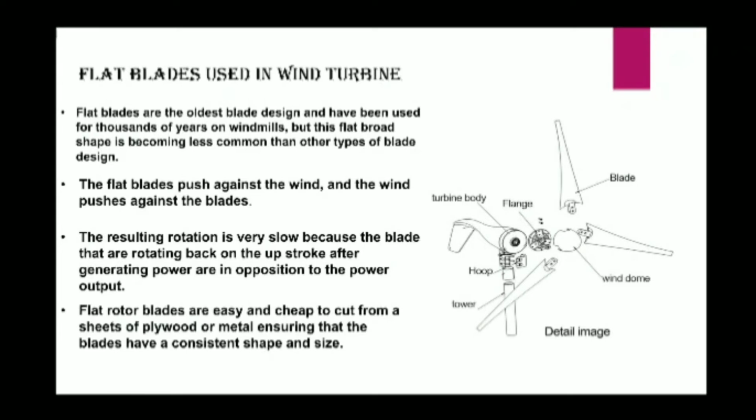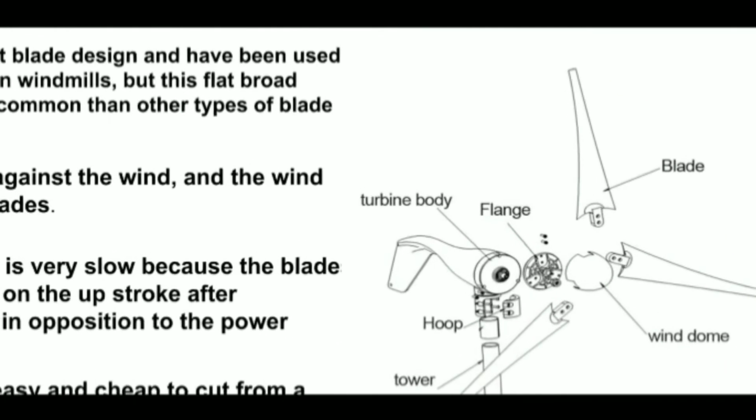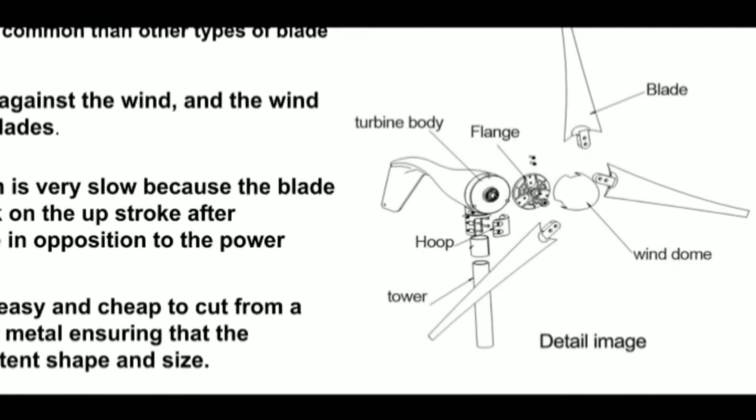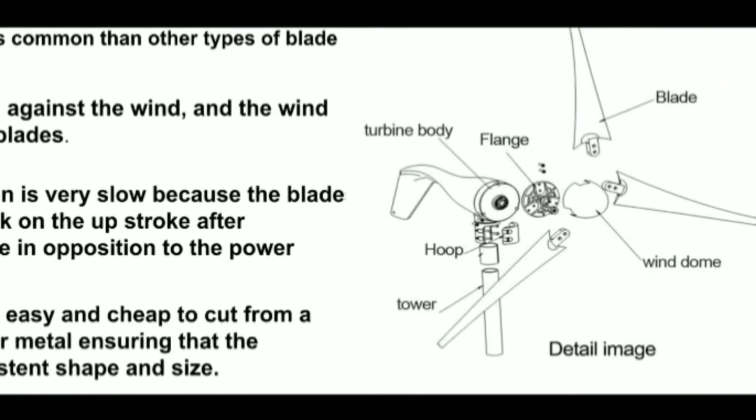The flat rotor blades are easy and cheap to cut from sheets of plywood or metal, ensuring that the blades have a consistent shape and size as shown in the figure. It has turbine body, flange, hoop, tower and wind dome, and finally blades.